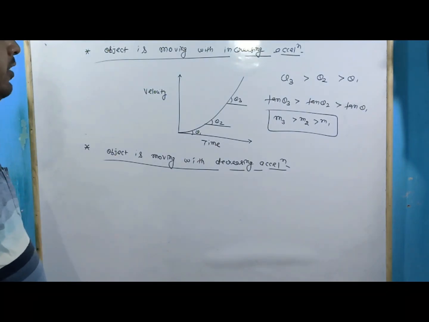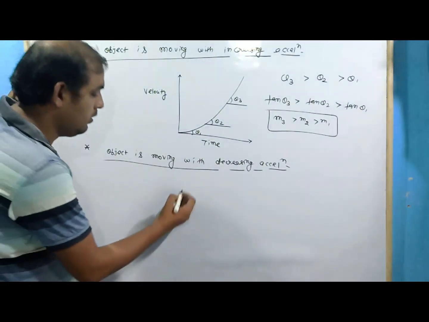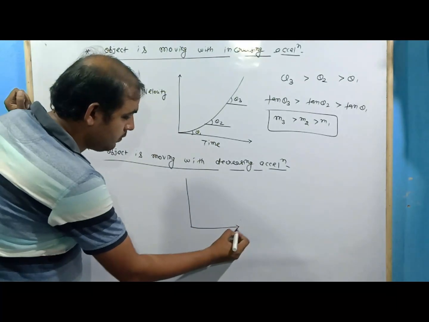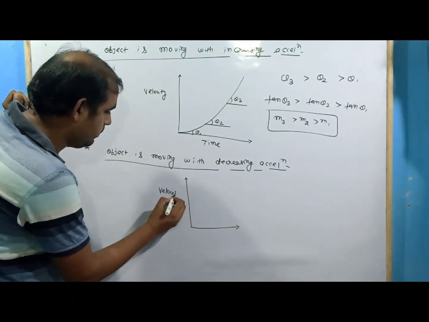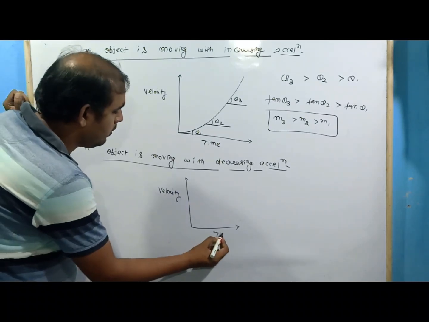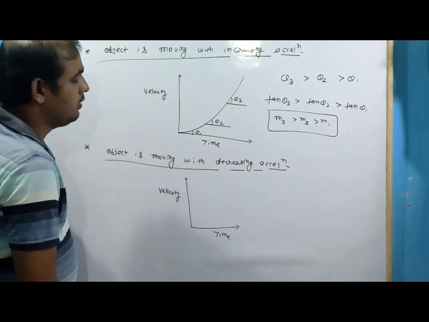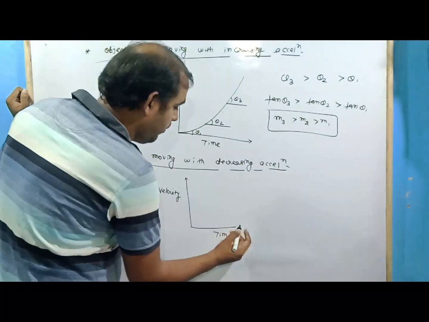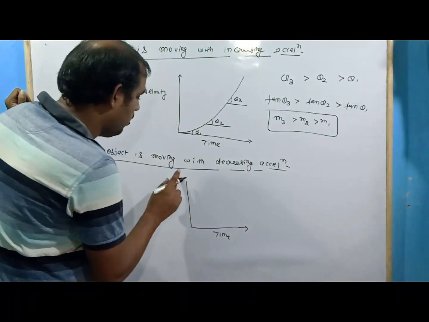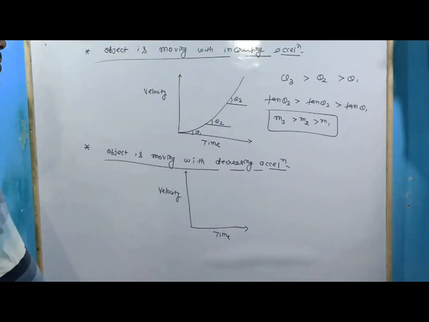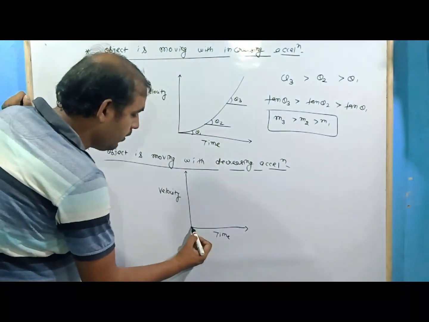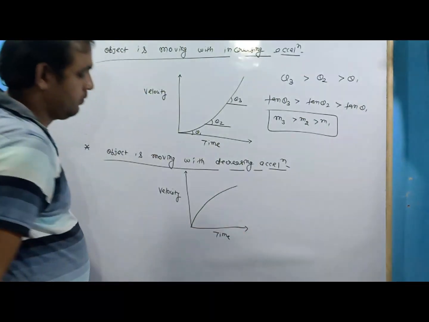When the object is moving with a decreasing acceleration, in that case, if this is the velocity and this is the time axis, the velocity-time graph should look like this.